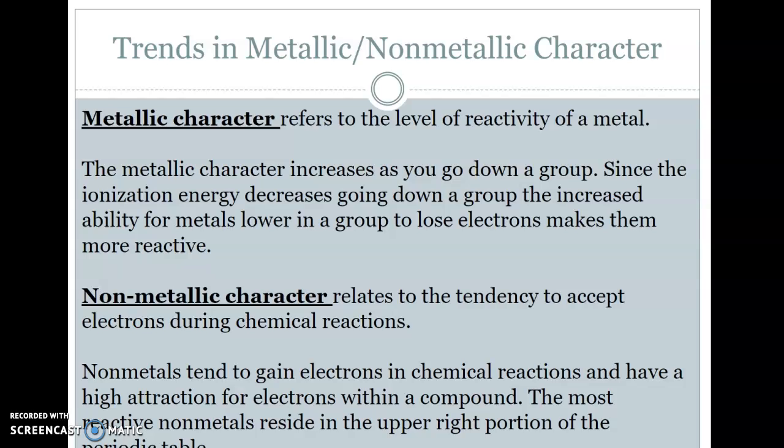And as we go down further and further, because those electrons get farther and farther from the nucleus, although they are wanted, they are not actually quite as easy to gain. So we see then that they are not going to give up as much in terms of electron affinity for gaining those electrons. So metallic character increases as we go down a group. Non-metallic character actually decreases as we go down a group.